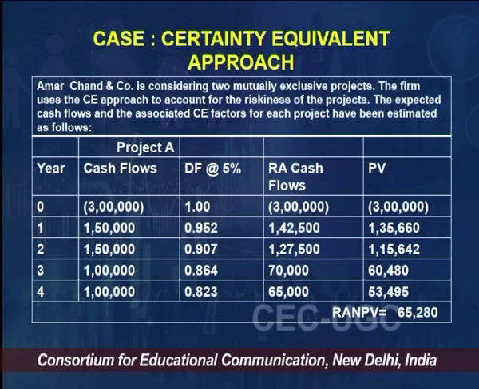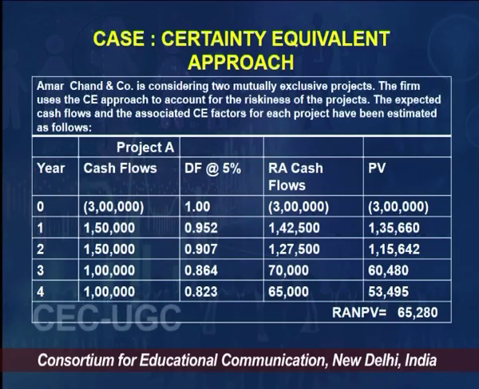So, multiply column 3 with column 4 and you will get the present value for each year, and then we will sum up all the cash inflows after discounting, that is the present value of cash flows, and we will subtract the outflow of 3 lakhs which is in bracket, bracket means minus of course. The difference would be your risk adjusted net present value which is coming positive here.